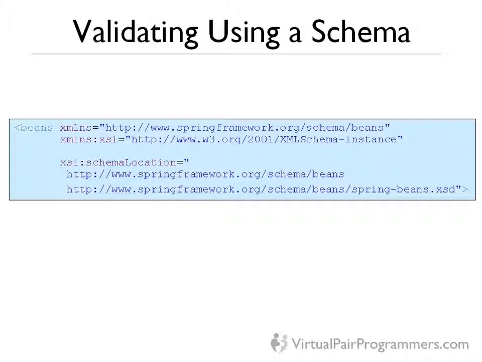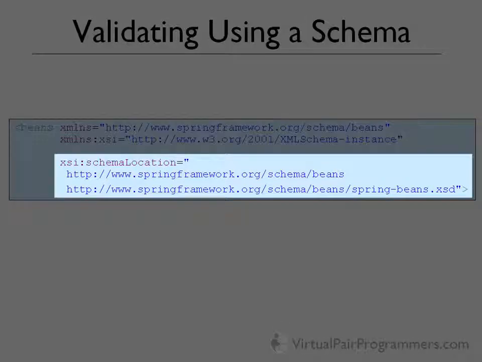Now, the next property that I've added here isn't actually required, but it is very useful in development because this will enable things like auto-completion and syntax error highlighting. This xsi:schemaLocation is telling the parser, the XML parser, where to find the file that defines the namespace.